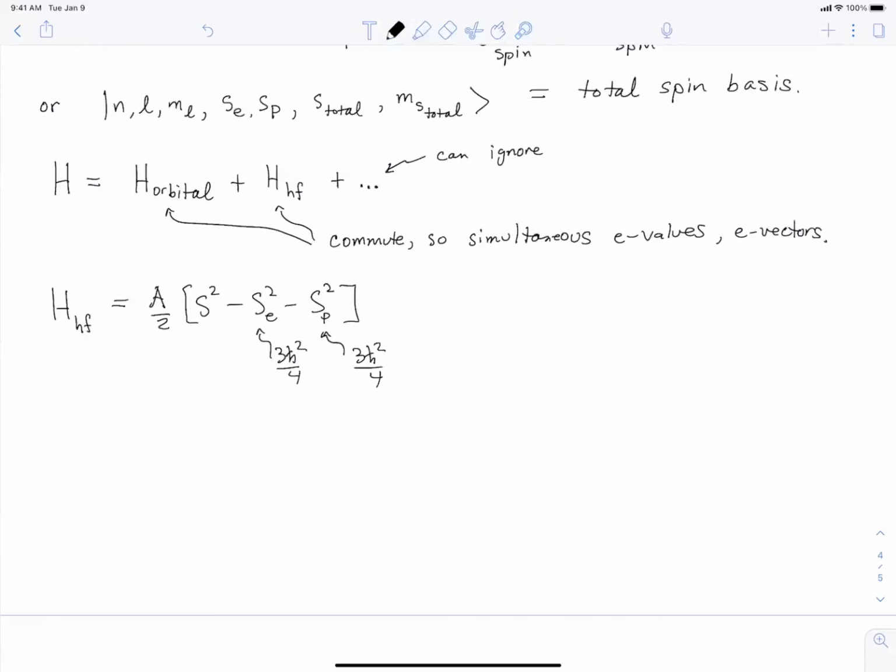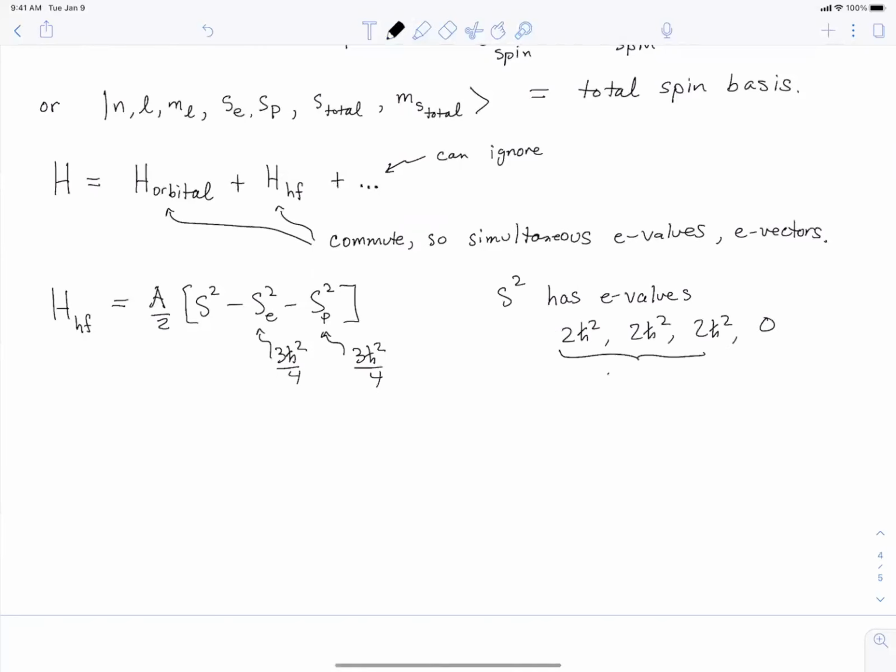Okay, and S squared is not fixed, but we know what its eigenvalues are because we computed the addition of 2 angular momenta. So it has eigenvalues 2ħ², 2ħ², 2ħ², and 0. That's what we worked out.